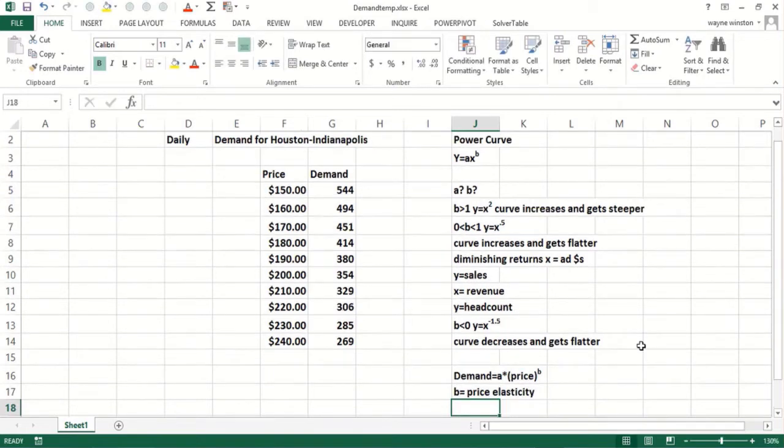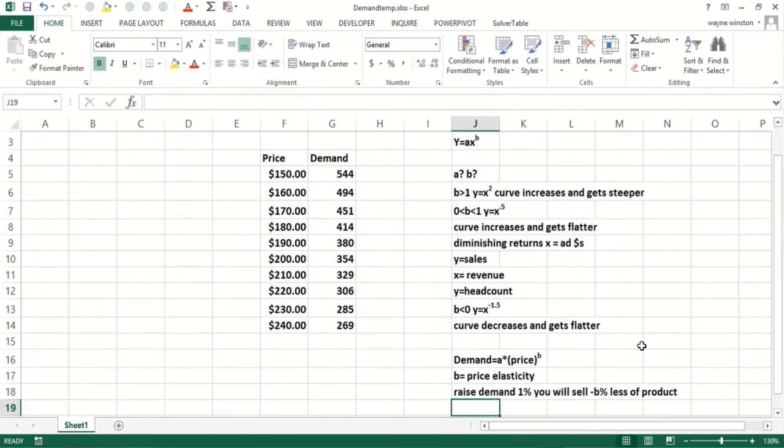In other words, it turns out if you raise the price 1%, if B is negative, you will sell minus B percent less of your product.